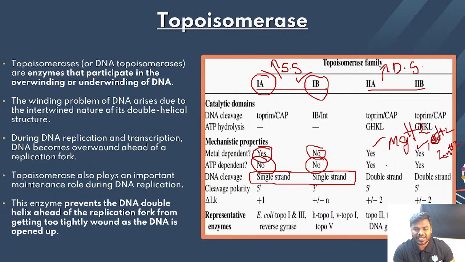Once again, you have to remember: topoisomerase either 2A or 2B cleaves only the double-stranded DNA. And moreover, in order to cleave the double-stranded DNA, the topoisomerases compulsorily require ATP. Without ATP, topoisomerase 2 cannot show any action.